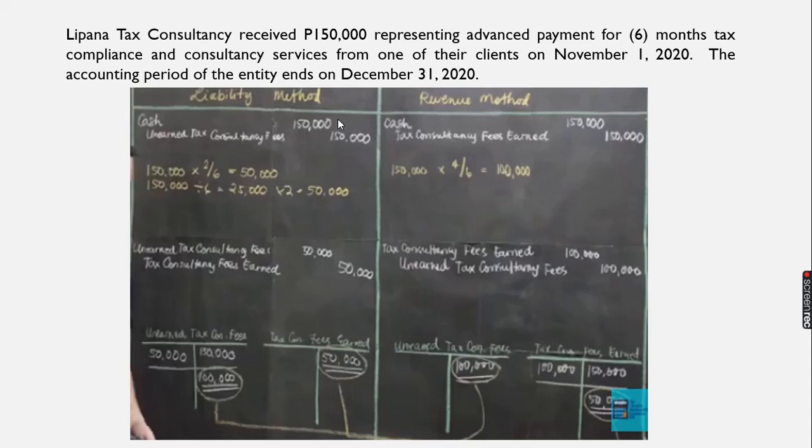So, ang na-earn mo na revenue is 50,000.